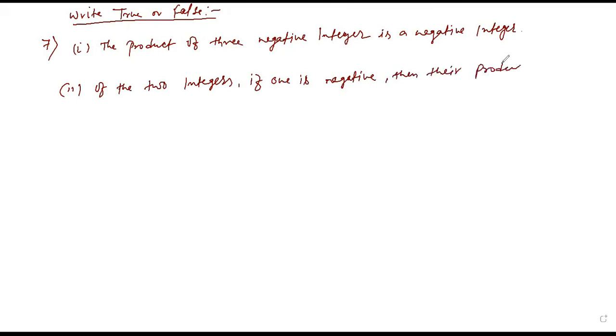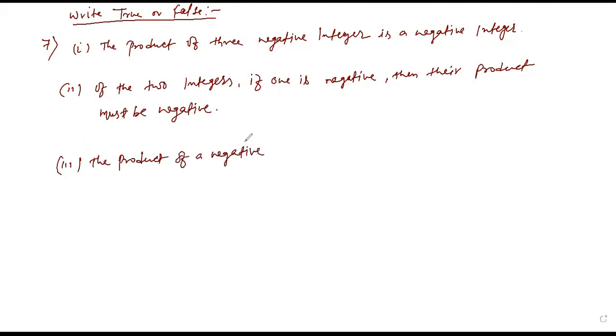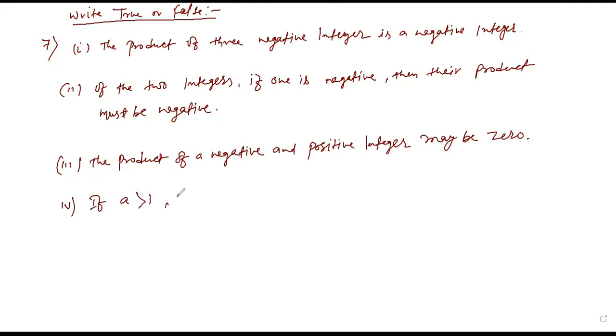Number 3: the product of a negative and a positive integer may be 0. Number 4: if a is greater than 1, then there is no integer b such that a into b is equal to b into a is equal to b.